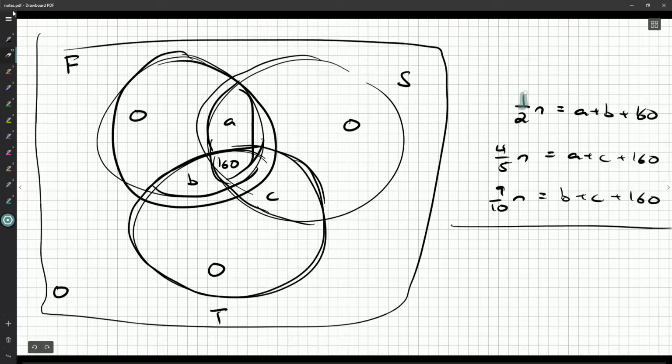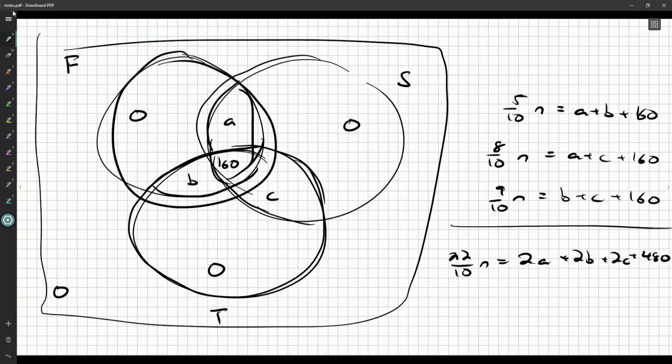So I'm just going to change these to over 10s. So 5/10, 8/10. So 5 plus 8 plus 9, that's 22/10. N is 2 A's, 2 B's, 2 C's, and then a whole bunch of 160s, 3 of them, so 480.